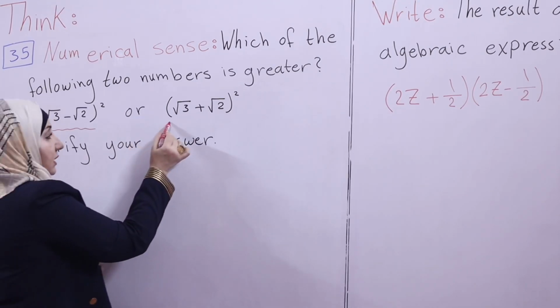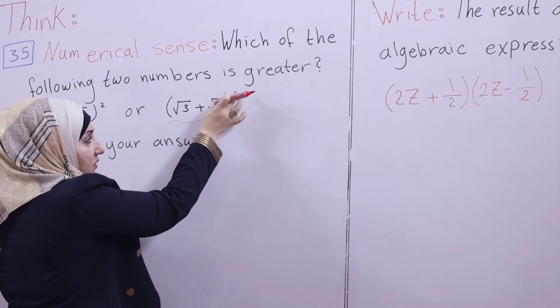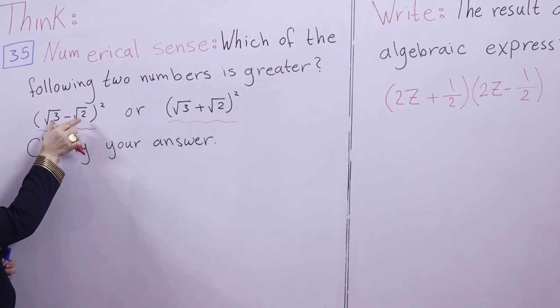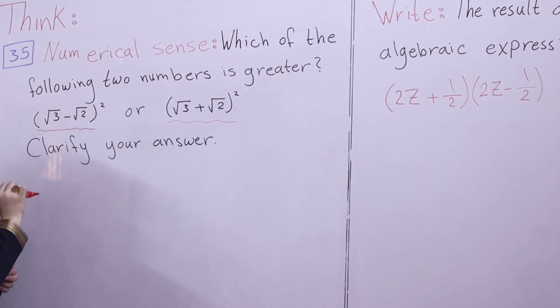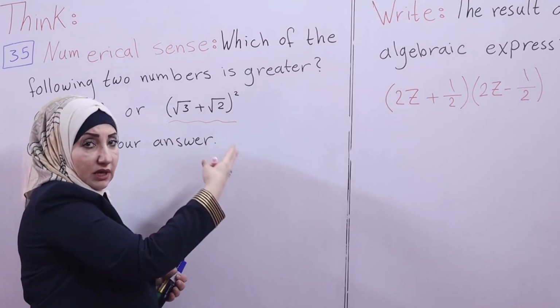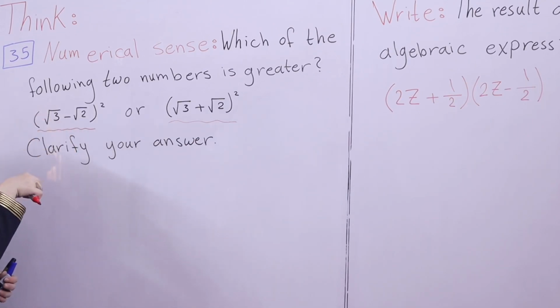It is clear that the sum of two constant numbers squared is greater than the difference of the same two numbers squared.